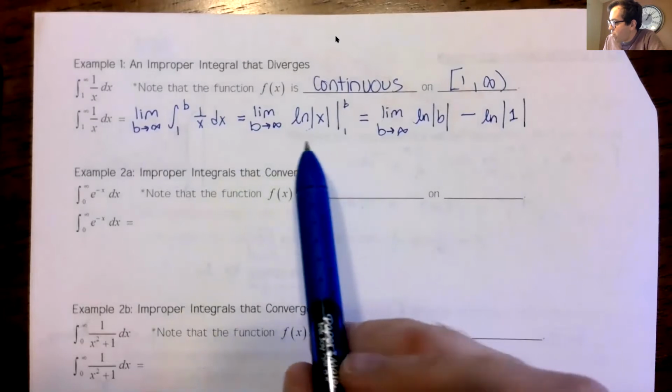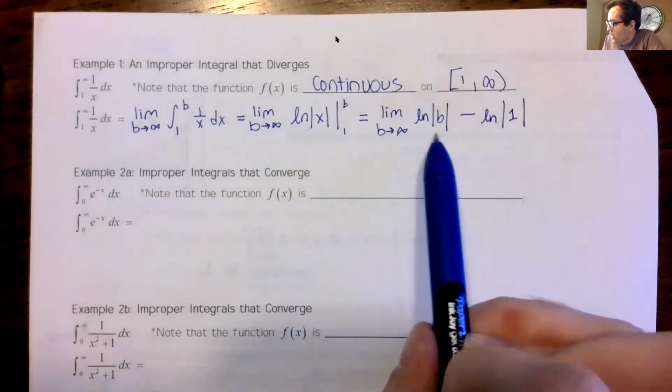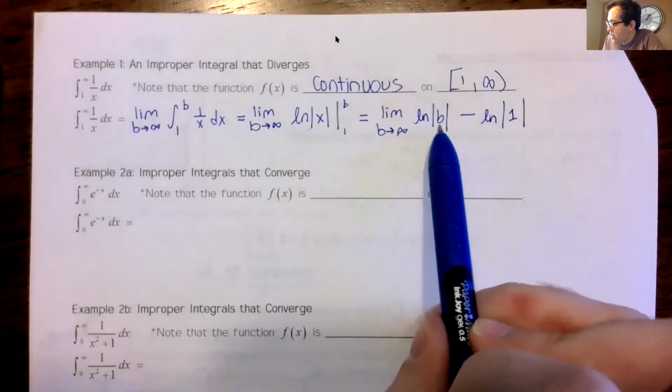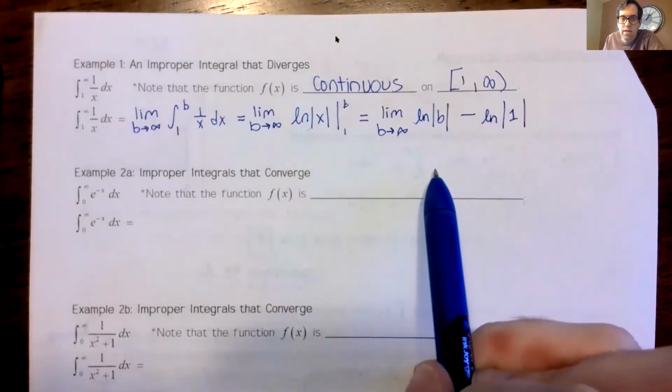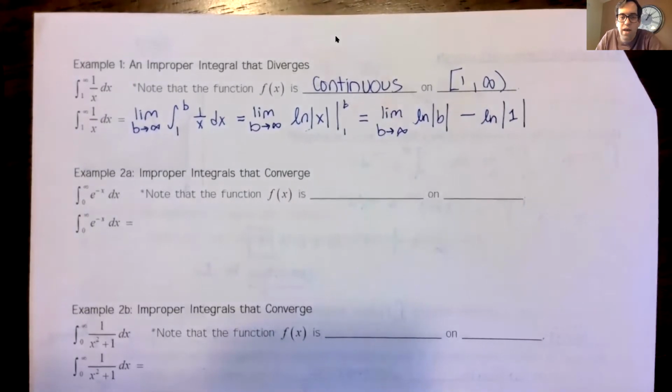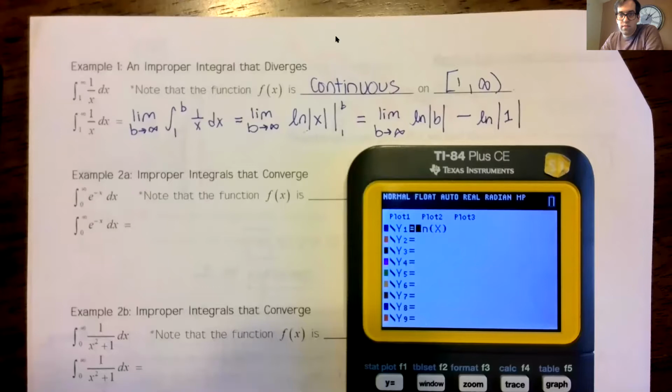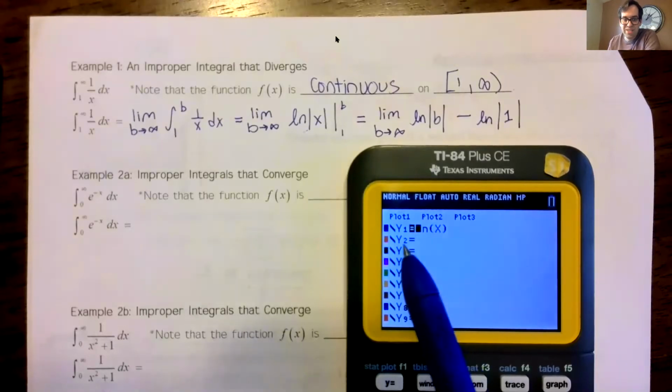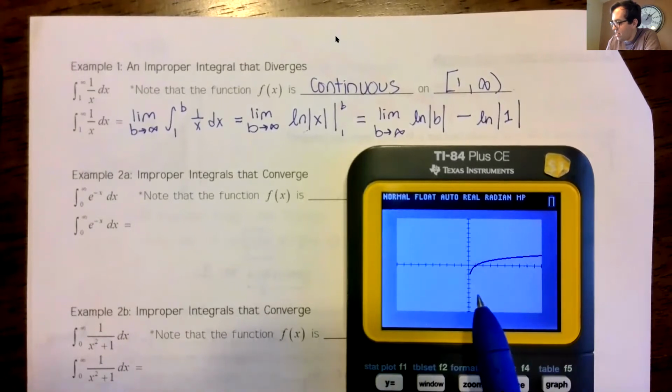And so now I'm going to think about what the natural log of b is as b approaches infinity. I'm going to have to think about what that graph looks like. So let me get my calculator just so that I can make sure I remember. All right, I got my calculator. I'm going to quickly graph natural log of x so I can examine it.